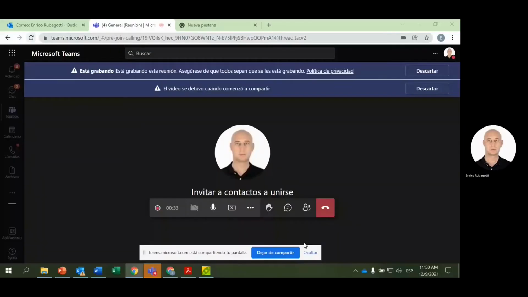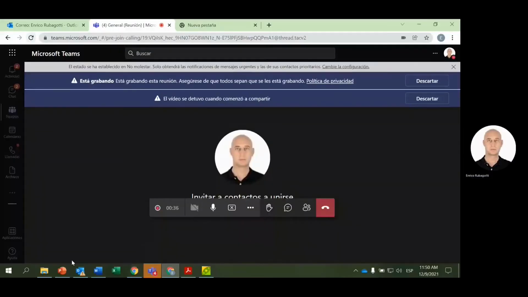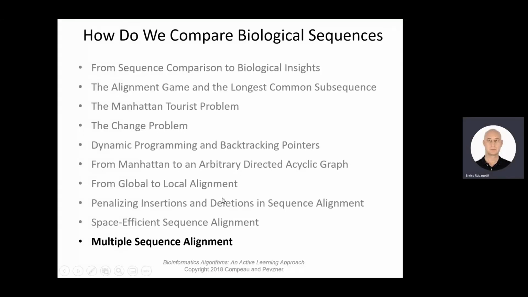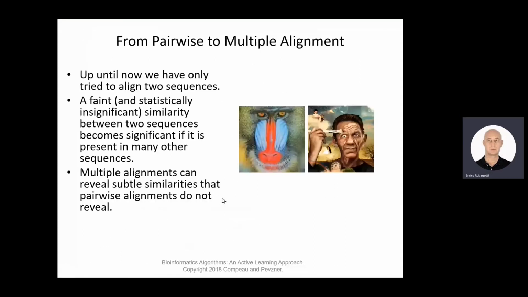We are going to speak about multiple sequence alignment. So I'm going to share the screen. Pairwise alignment is employed when we have only two sequences or two organisms to compare.